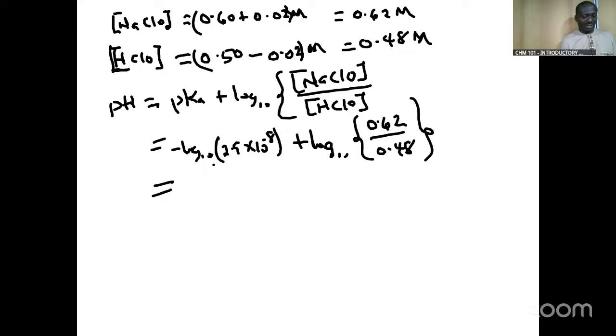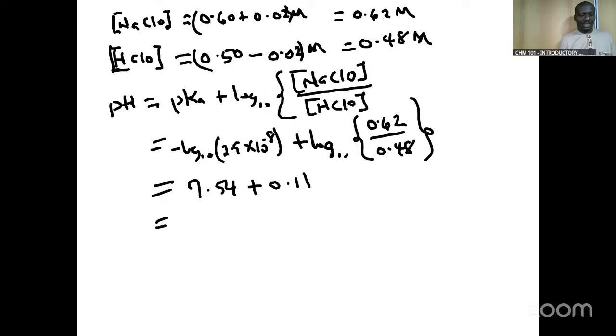So we're going to have here 7.54, which we have before, plus 0.62 divided by 0.48. And of course, we're going to have 0.11.